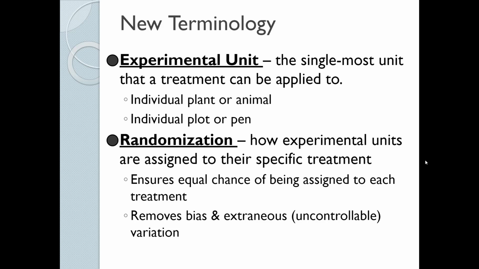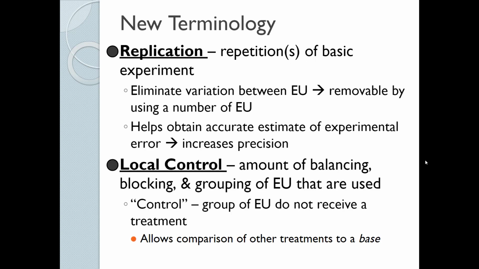And the reason that randomization is a core principle of experimental design is because randomization will ensure an equal chance of an experimental unit being assigned to each treatment. And so this randomization act removes the potential for bias as well as removes extraneous or uncontrollable variation. And variation is the spice of life when it comes to research. So we're going to talk about variation a lot.